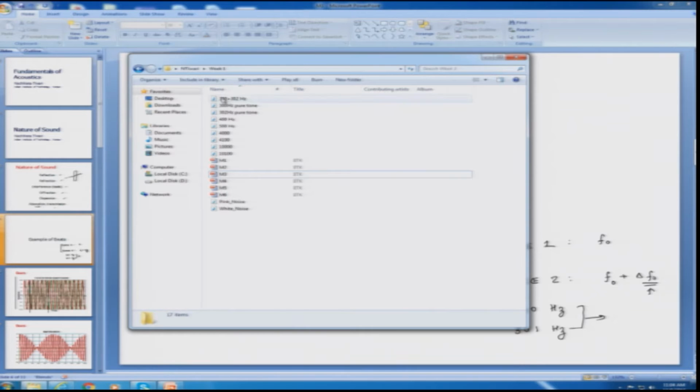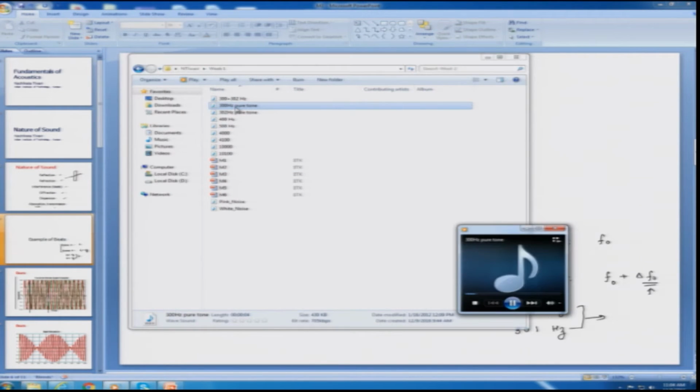The first thing I am going to play is a 300 hertz pure tone. I am going to play it again.